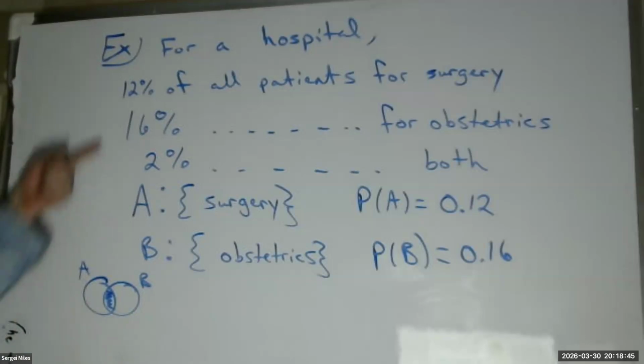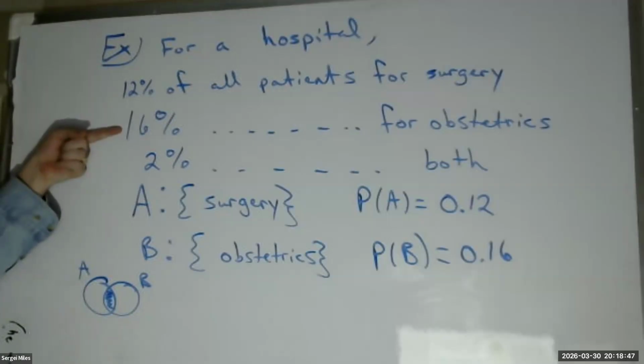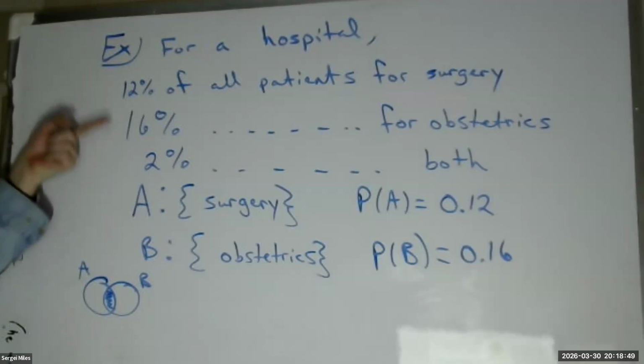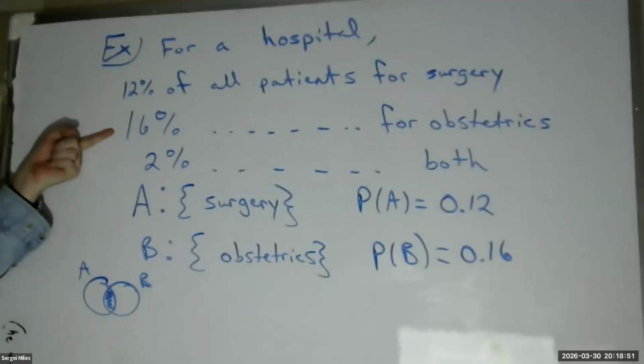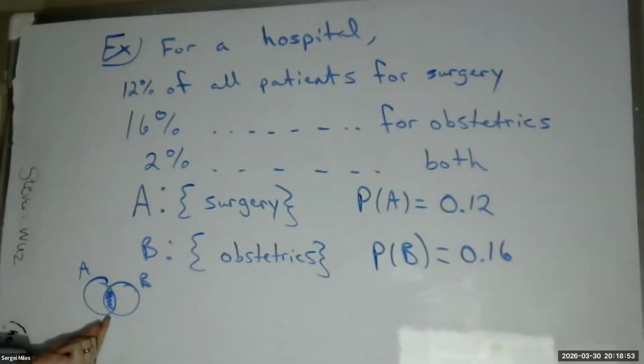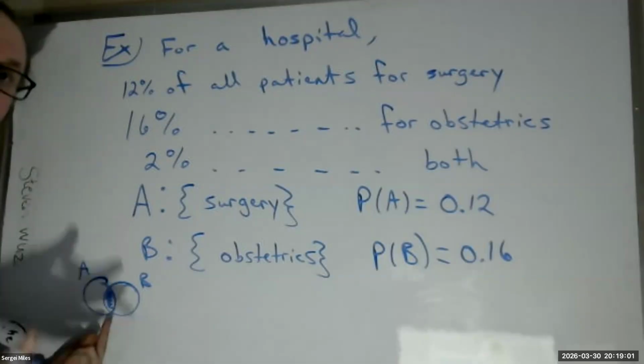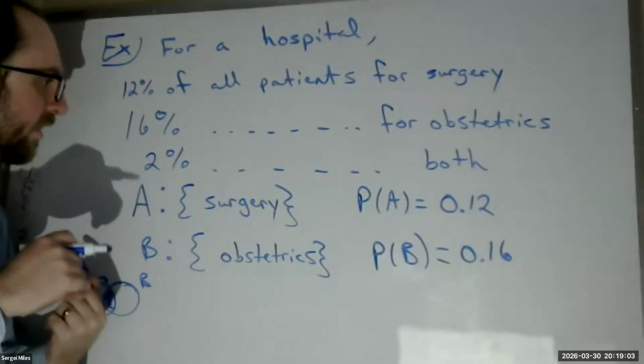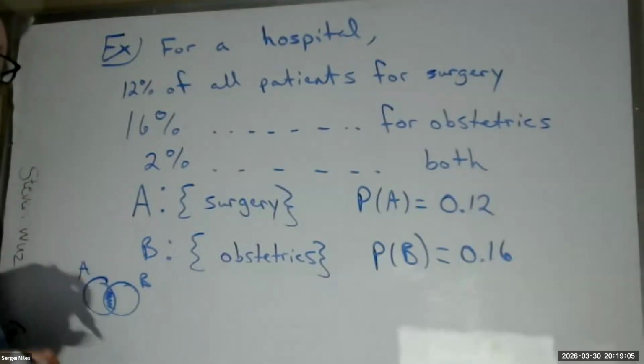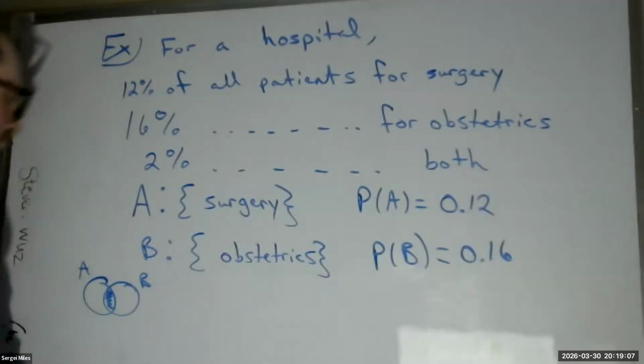These are people who are getting surgery and getting obstetrics. They're part of the 12% and they're part of the 16% at the same time. They're in both sets. And so if they're in both at the same time, when we say the word both, or in other words, think like the word and, we saw in the last lecture that the word and, this is what we use for the intersection.